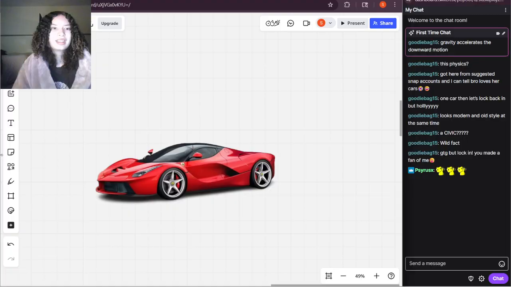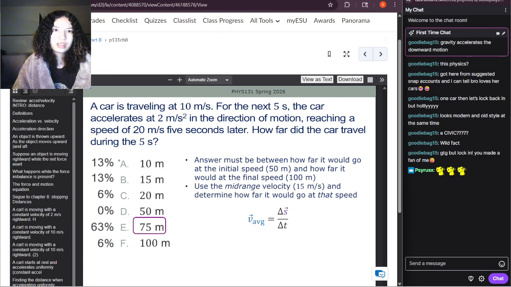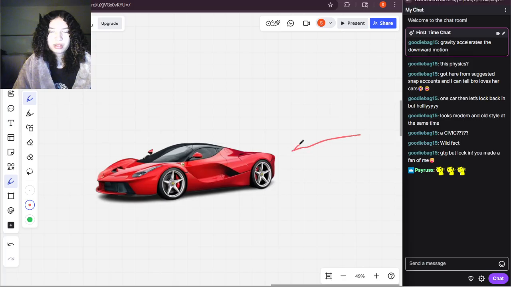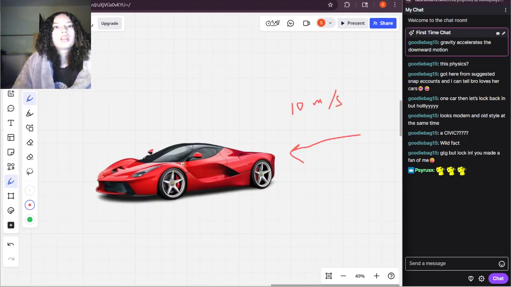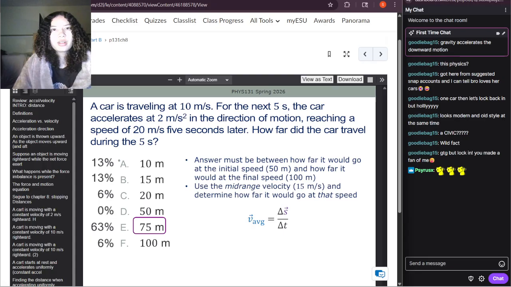It is traveling at 10 meters a second. What direction? It doesn't say the direction, so we're just gonna go left. 10 meters a second in unknown direction. Then for the next 5 seconds, the car accelerates at 2 meters per second squared.